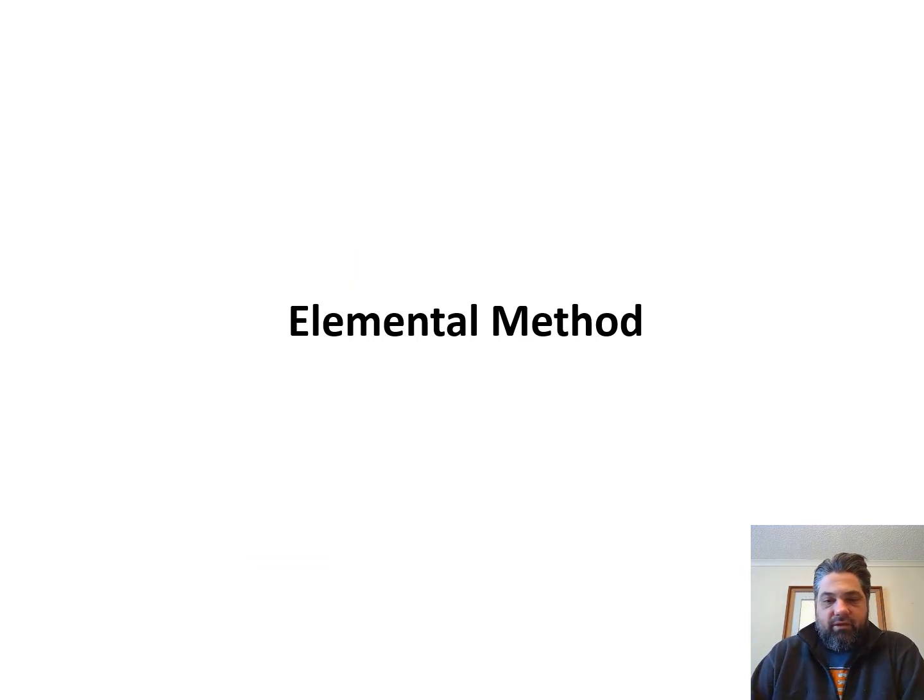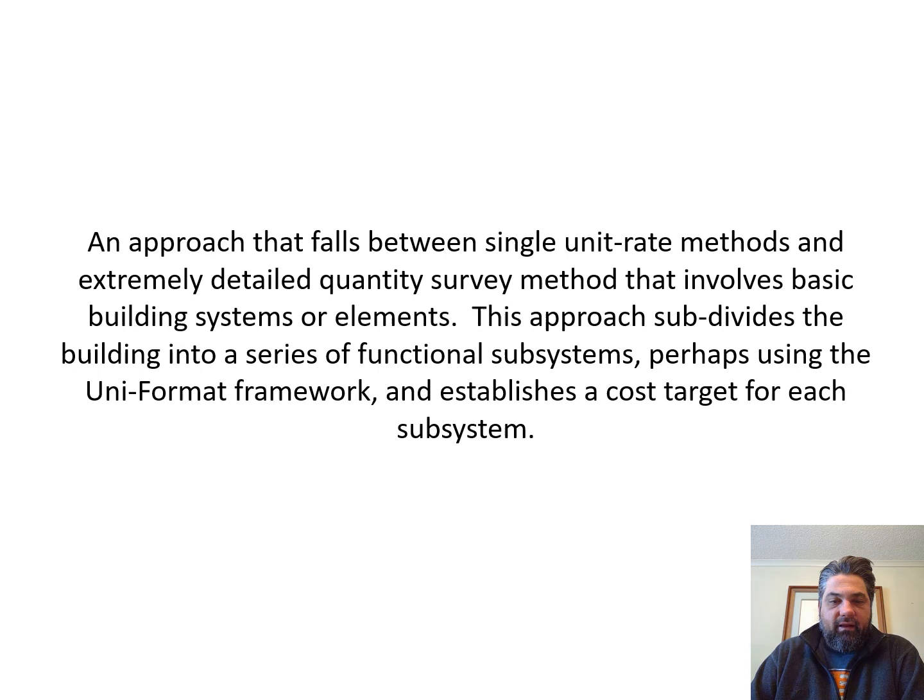Another unit method that you can do is an elemental method. And so this approach falls between a single unit rate method and extremely detailed quantity survey. What this does is it takes the building and subdivides it into the functional subsystems, right?